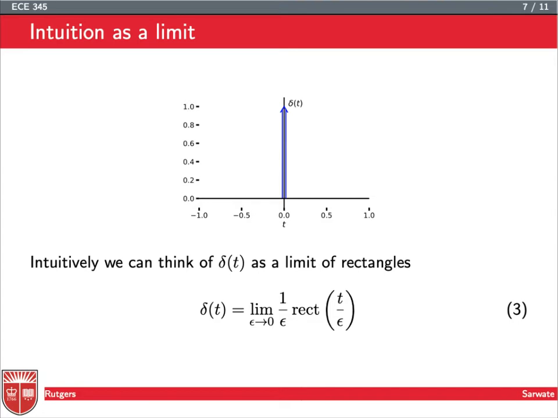It actually exists as the limit of this collection of functions as you let this epsilon factor, this width factor, go to 0. And so the height is blowing off to infinity. It's also equal to the limit of all sorts of other functions. So there's nothing special about rectangles here, but it's helpful to think about the rectangles because it's an easy picture to see it as a limit of these rectangles as they get narrower and narrower.